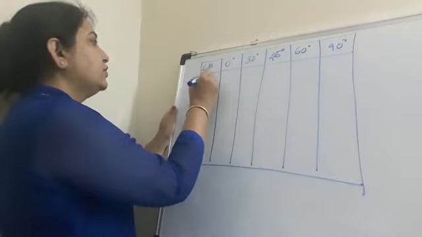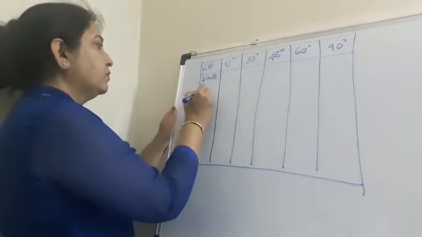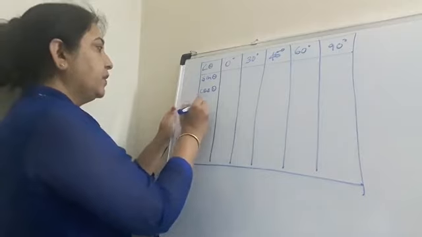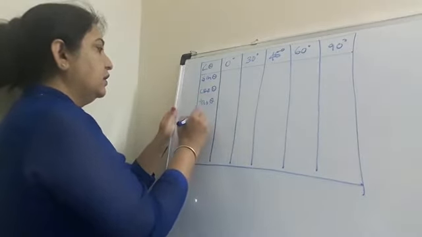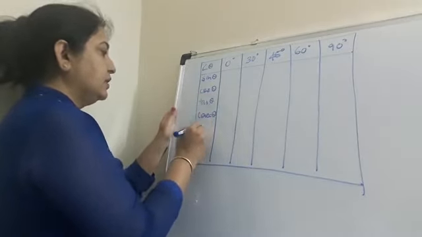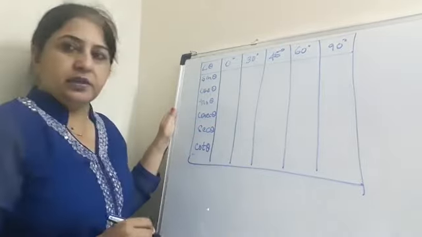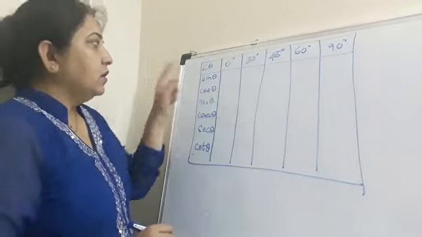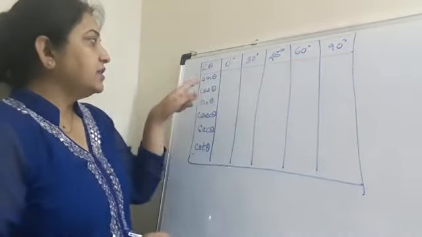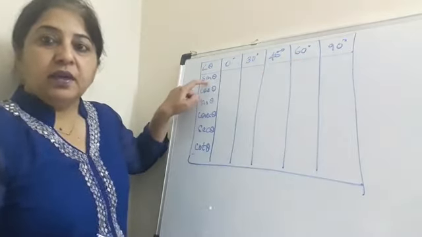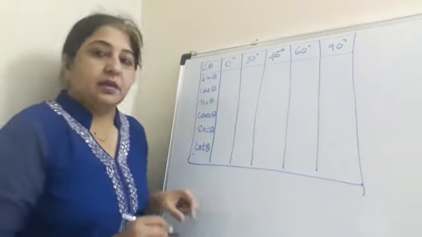We have 6 ratios: sin theta, cos theta, tan theta, cosec theta, sec theta and cot theta, right? If you remember all the values for sin theta, it will be easy for you to complete this table.